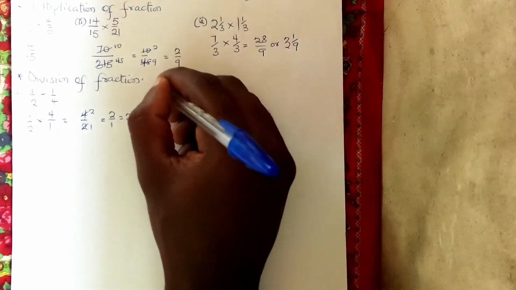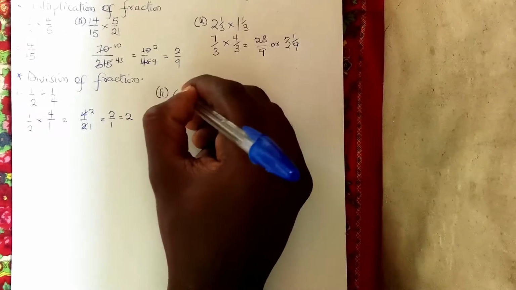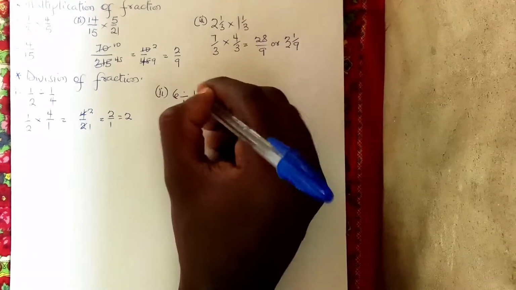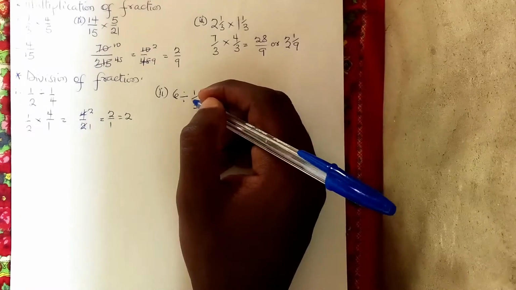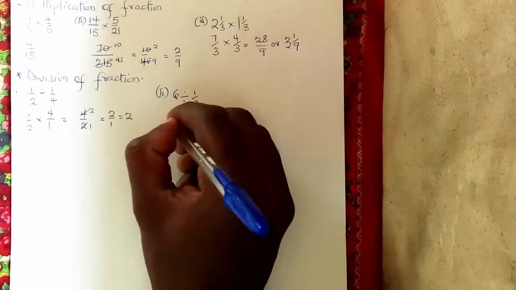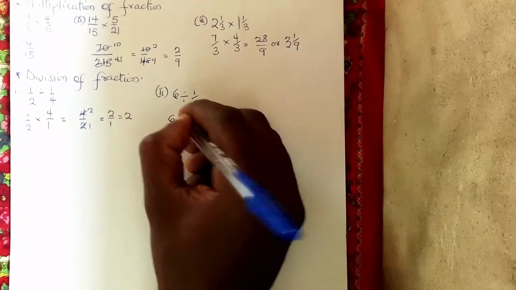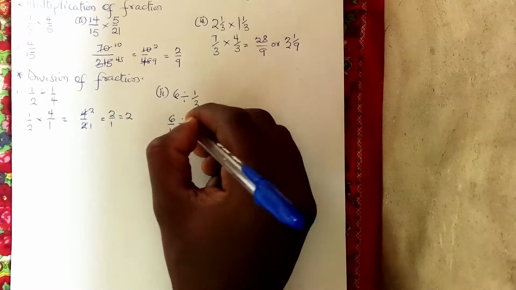Next example. We have 6 divided by 1 on 3. You know every whole number has a denominator of 1. So we have 6 over 1 divided by 1 over 3.